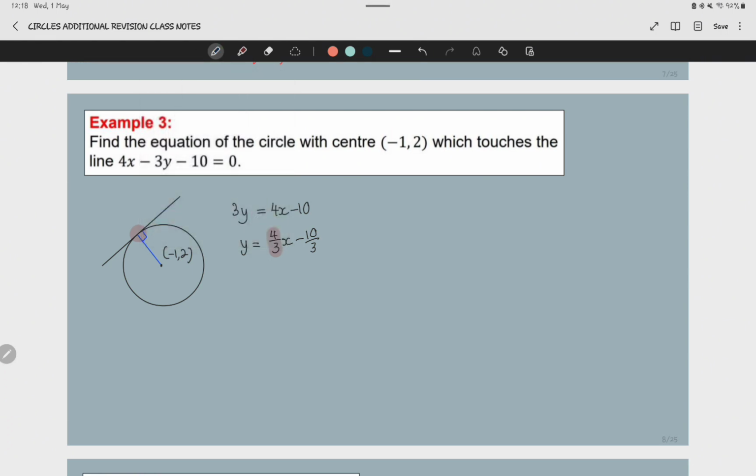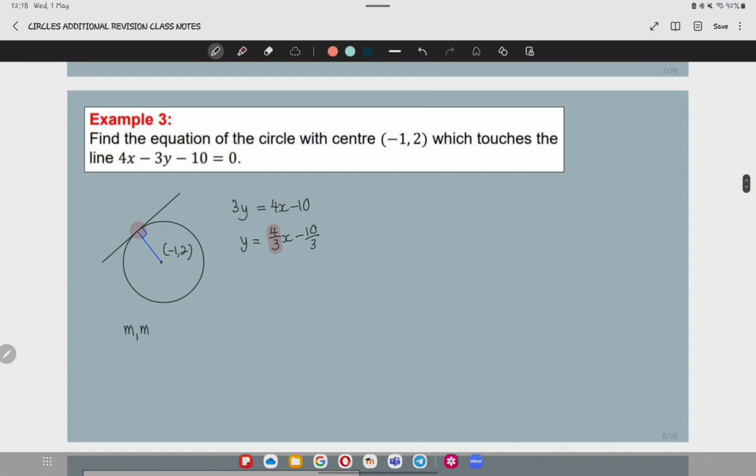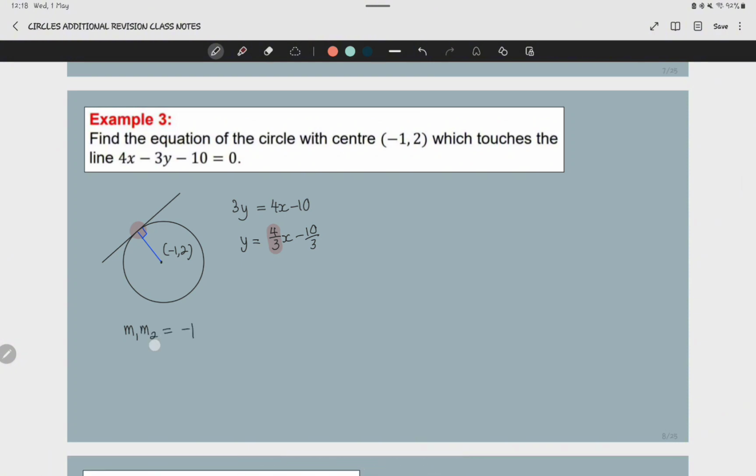Okay, so remember back, M1 M2 equals negative 1. Don't forget the formula. So your M1 let's say is 4 over 3, M2 equals negative 1. So M2 is negative 1 divided by 4 over 3, you get negative 3 over 4. Right? Okay, this is just the gradient. Now we are trying to look for the perpendicular bisector.